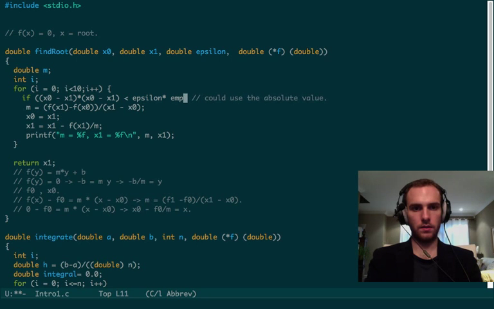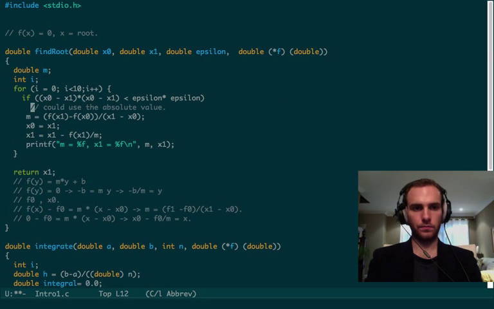times epsilon, then we break out of the for loop. We don't continue. We're going to return instead.